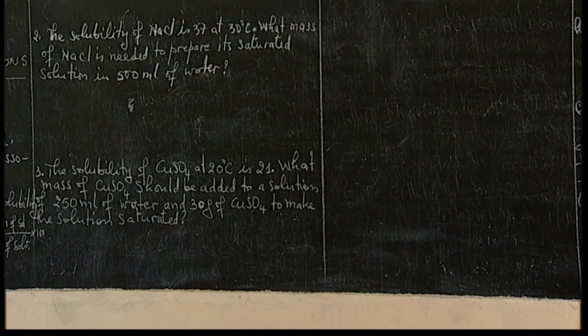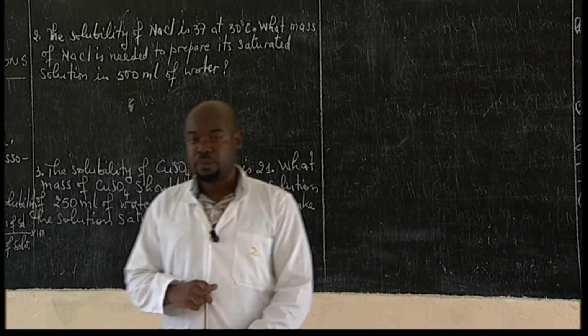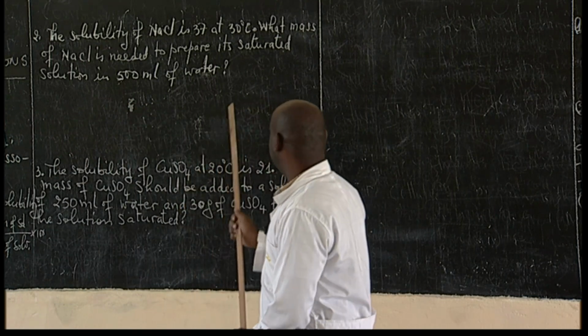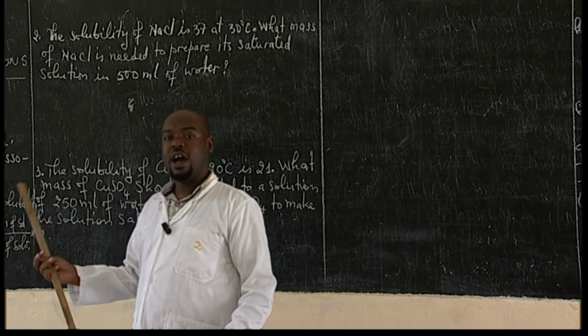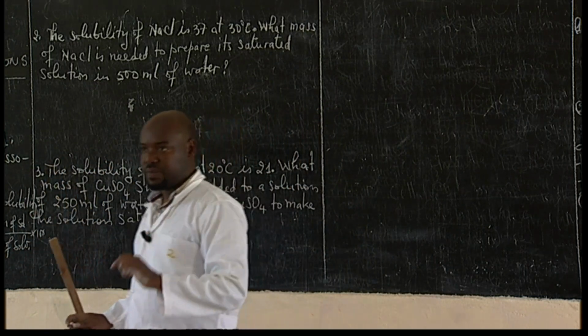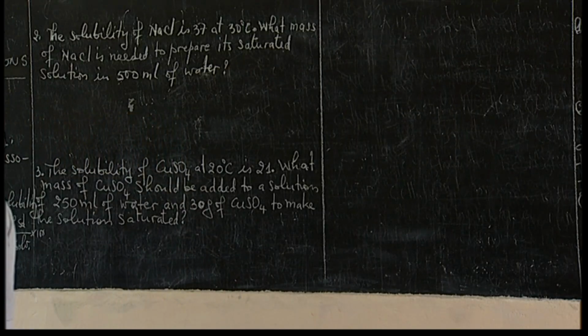The hint here I can give you is that we use the same formula, but we have to make a rearrangement. And you make the subject what you have been asked to find. That is simple mathematics.